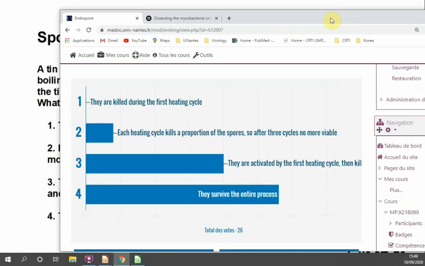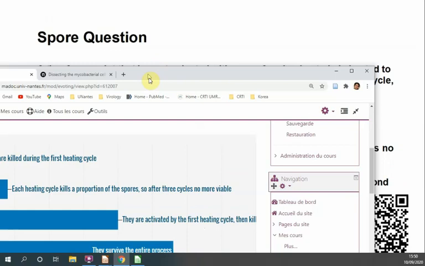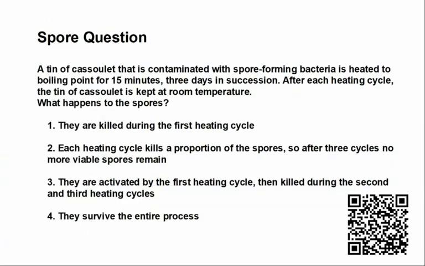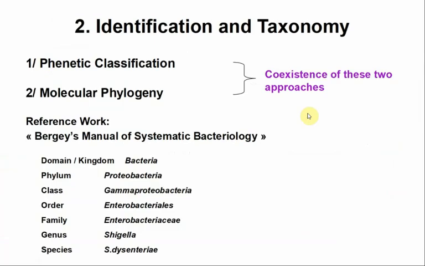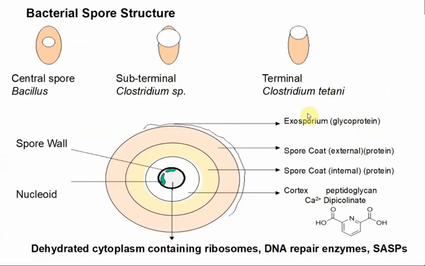Yes? What do I mean by activated? When I was on this slide, I said that endospores are very resistant, but at some point they have to become reactivated and germinate.